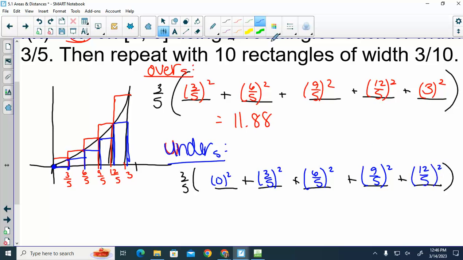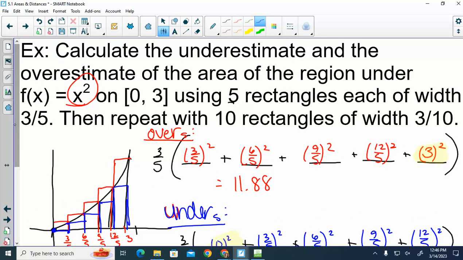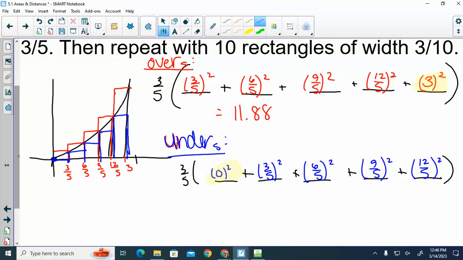So notice the only difference between these is the first and last. One of them started at your first endpoint, which was 0, and it ended before the 3. The second one started after 0 and ended on the 3. So there's only 1 point difference. If you just hit second enter, all you really have to do is go back and change that 3 squared to a 0.